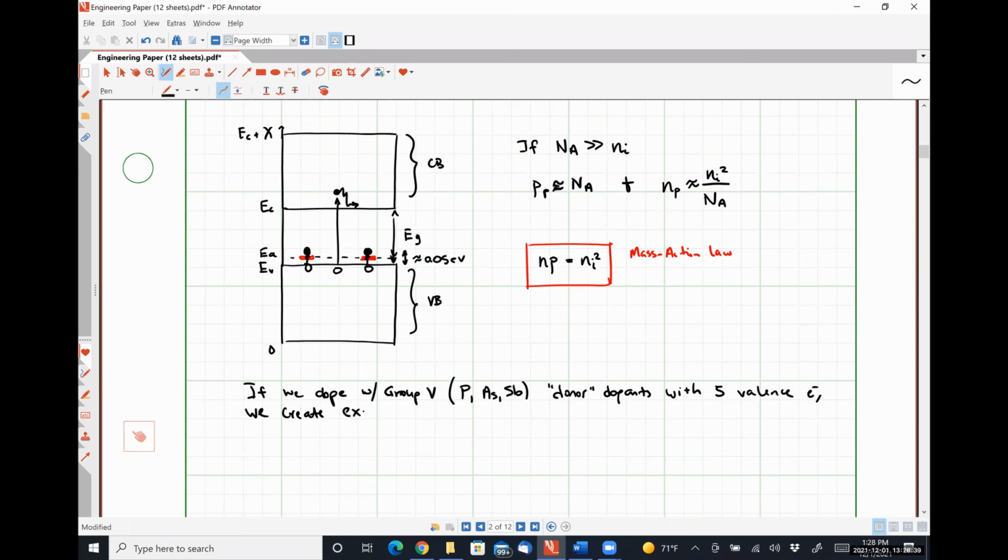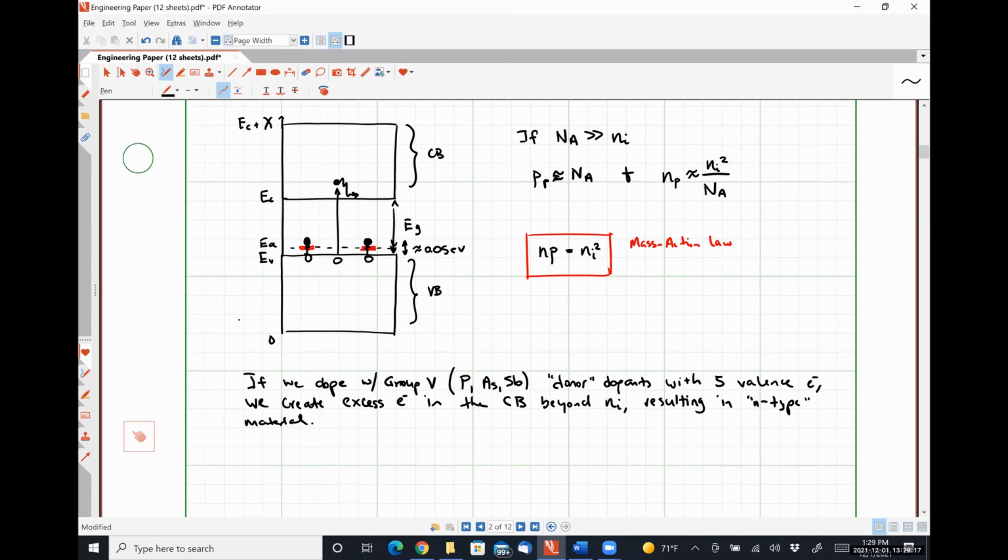We create excess electrons in the conduction band beyond our intrinsic carrier concentration, resulting in N-type material. So we could draw an energy band diagram for this guy, and it's going to look extraordinarily similar, right?